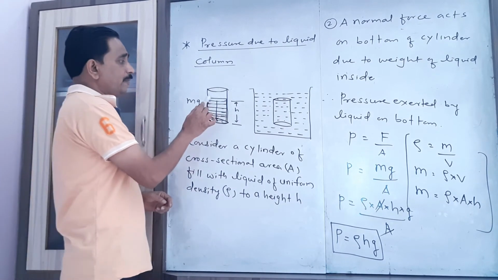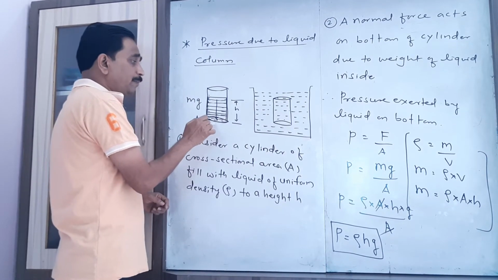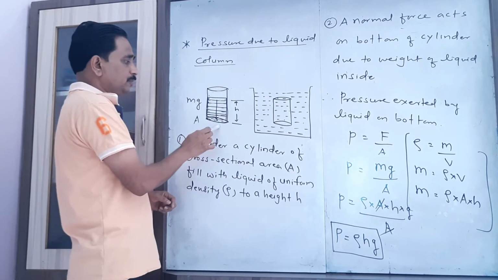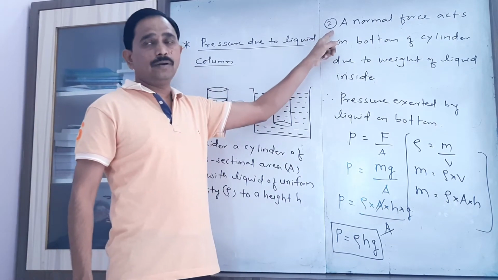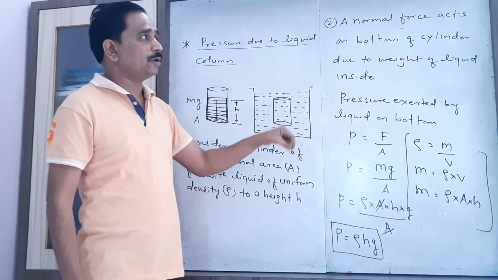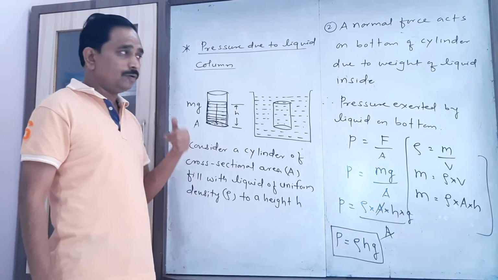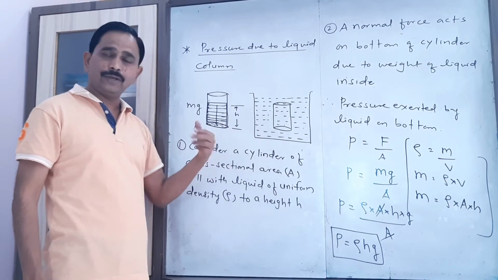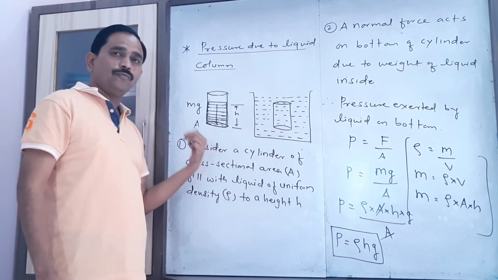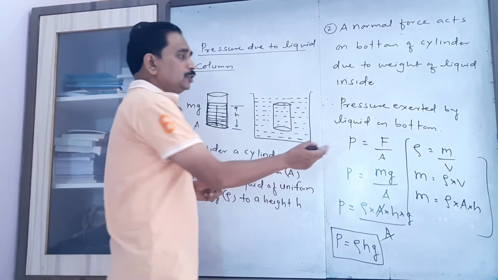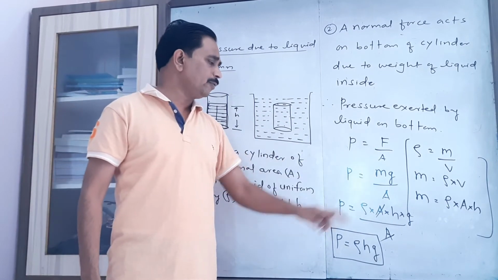Then the liquid present in that cylinder exerts a perpendicular, normal force at the bottom of the vessel. So that's why a normal force acts on the bottom of the cylinder due to the weight of the liquid. We can easily find the pressure if we know the force and area. This force is nothing but the weight of the liquid column, so I write F equal to mg.